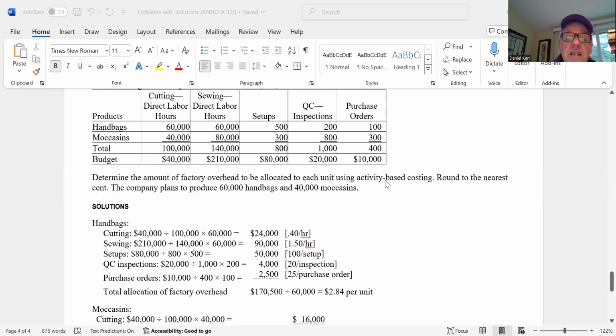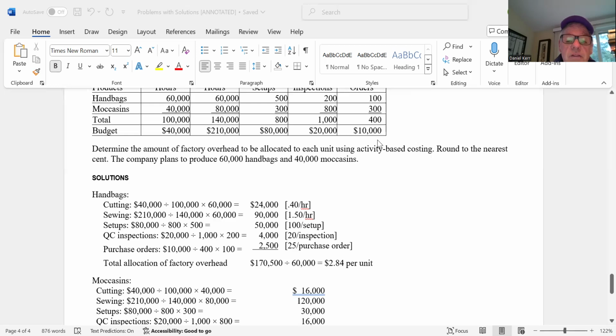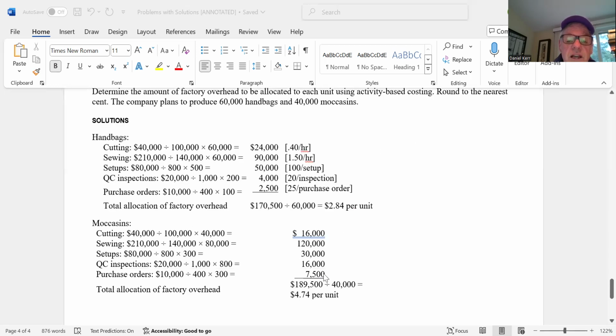And purchase orders, you had $10,000 worth of purchase orders. You had 400 total purchase orders. So 10,000 divided by 400 multiplied by 300. That gives you 7,500. So your total amount of factory overhead allocated to the moccasins was 189,500, and you made 40,000 moccasins. So your unit cost is $4.74.